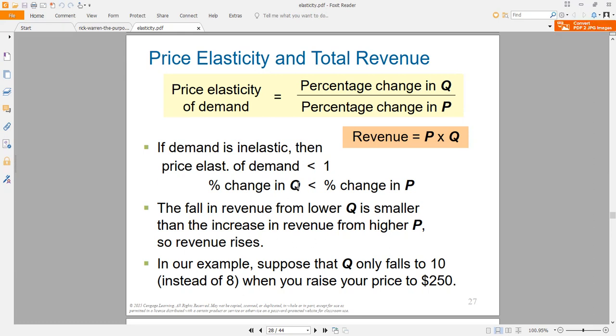The demand is inelastic, so the percentage change in price will be greater than the percentage change in quantity demanded. Whenever you increase price, that is causing an increase in revenue, and the reduction in quantity is causing a reduction in revenue. So if the percentage change in price is higher than the percentage change in quantity, then there's going to be an increase in the total revenue whenever you increase price.